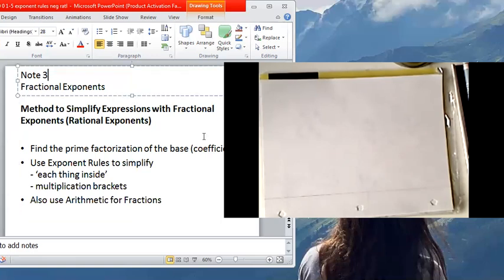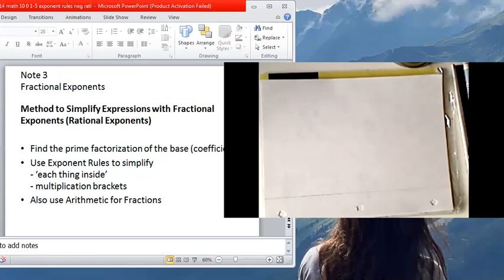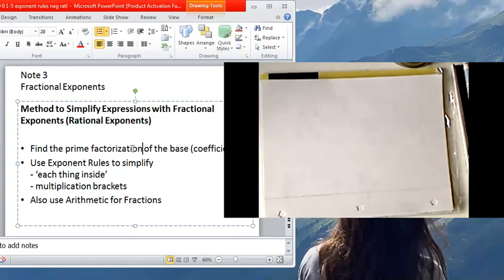Now, in order to simplify, in order to work with these types of expressions, fractions in the exponents, here are some useful bits of info that can help you with the process. The first thing to do is to take whatever numbers are there and find the prime factorization like we did our first day together.